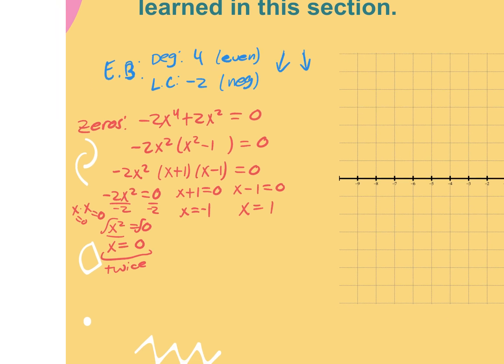But the only one that shows up twice is this x equals 0. So when we go to answer our question on multiplicity, x equals 0 has a multiplicity of 2, because it shows up twice. Now x equals -1 and 1 both have a multiplicity of 1. They only show up once.